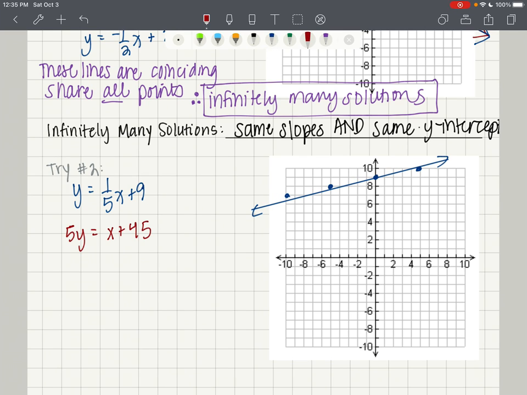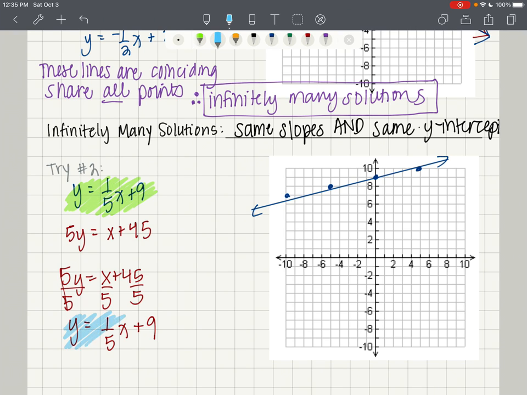Now we need our red line. So I'm going to take 5y equals x plus 45, and I'm going to divide each term by 5. That's going to give us y equals 1/5 x plus 9. Wait a second. That's the same equation. Here's our blue line, and here's our red line.